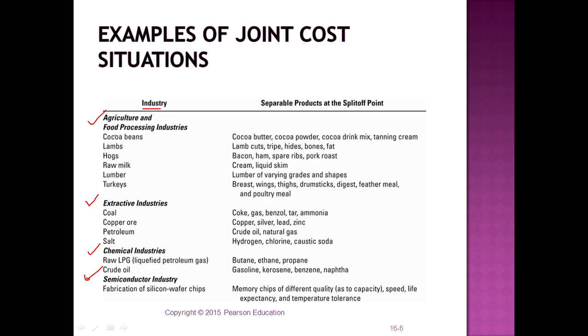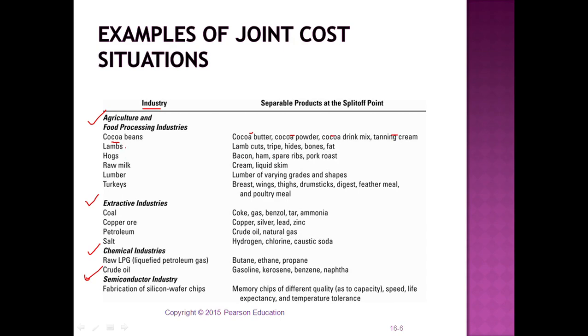So if we take some examples under the agricultural industry, maybe a cocoa beans food processing company, they process raw cocoa beans, and then they have some joint products which could be cocoa butter, cocoa powder, cocoa drink, maybe cocoa drink mix, maybe the tanning cream, and so on.